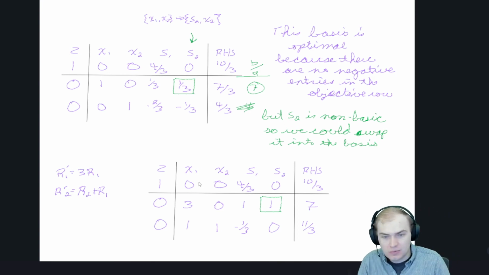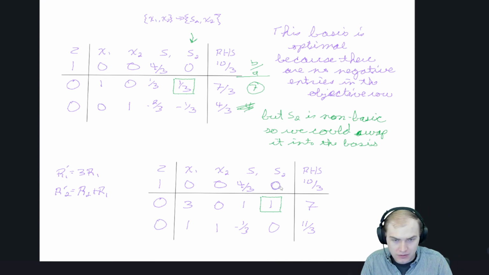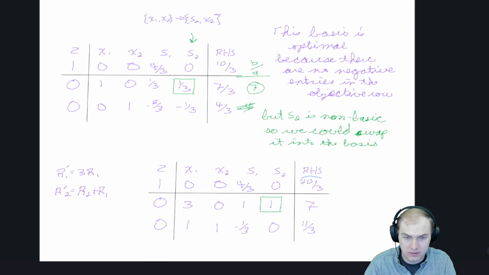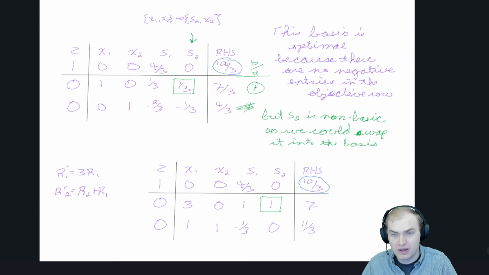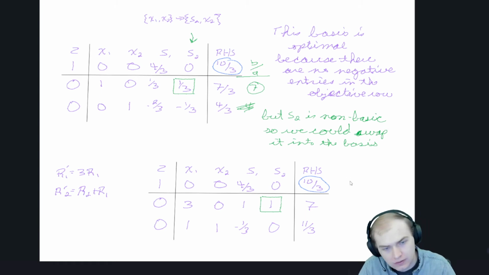And notice we didn't change the objective function row because there's already a 0 in that entry. So we don't have to alter that to get our identity matrix that we're looking for. Which means that the objective function value remains the same. In other words, there are multiple optimal solutions.